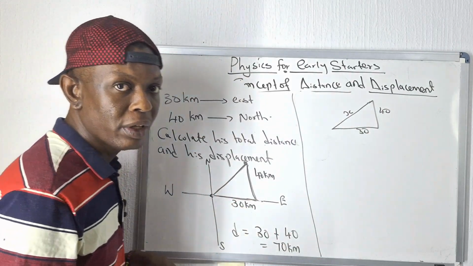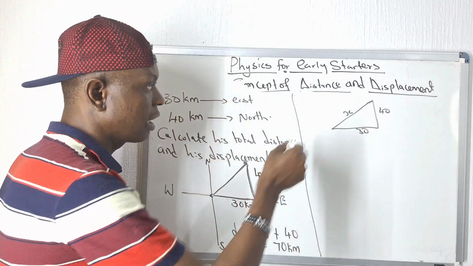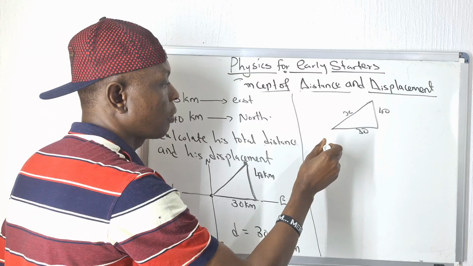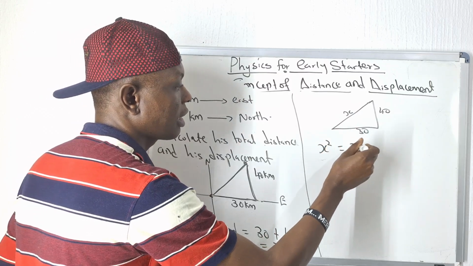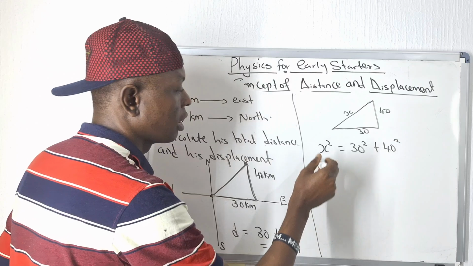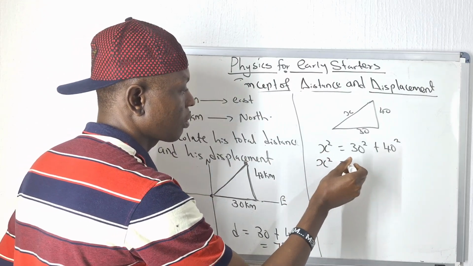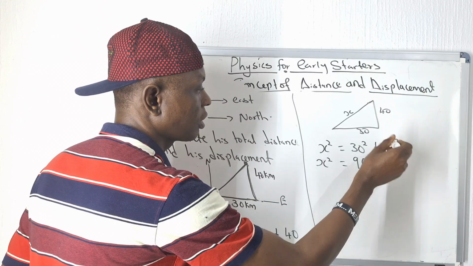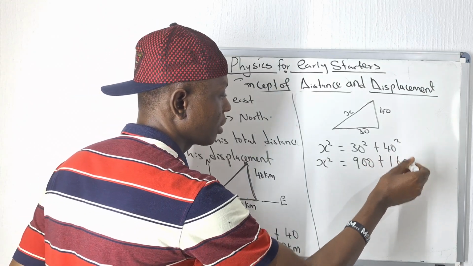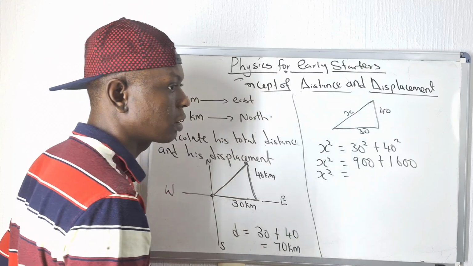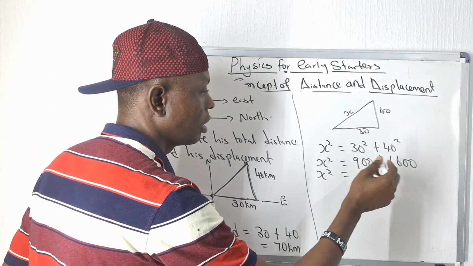Using Pythagoras theorem, the square of the hypotenuse is equal to the sum of the squares of both sides. So we have x squared is equal to 30 squared plus 40 squared. 30 squared should be 900. 40 squared should be 1600. X squared is equal to 900 plus 1600.